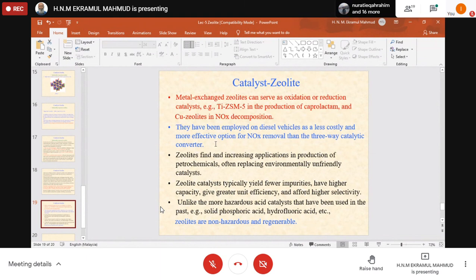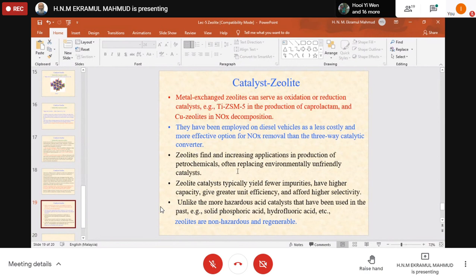They have been employed on diesel vehicles as a less costly and more effective option for NOx removal than the three-way catalytic converter. So this is the environmental point of your catalyst. We use it to treat these oxides of nitrogen and make them less harmful products.